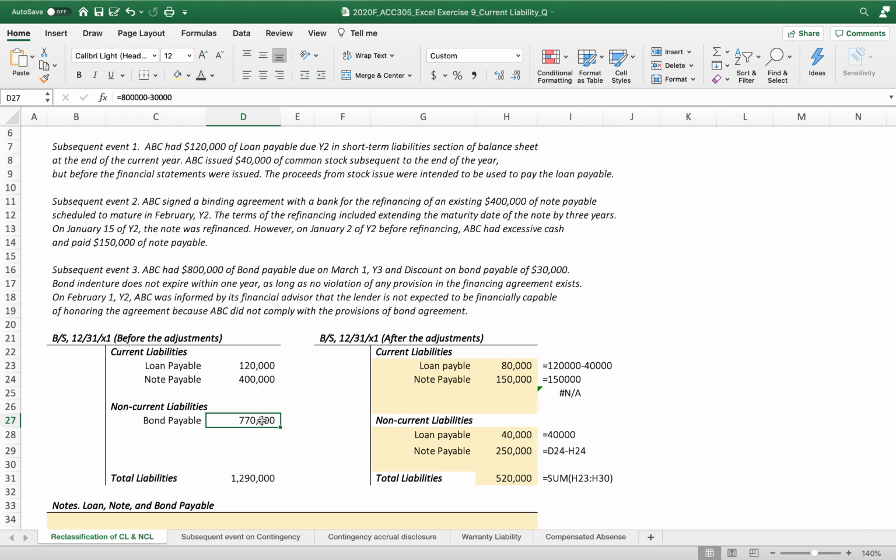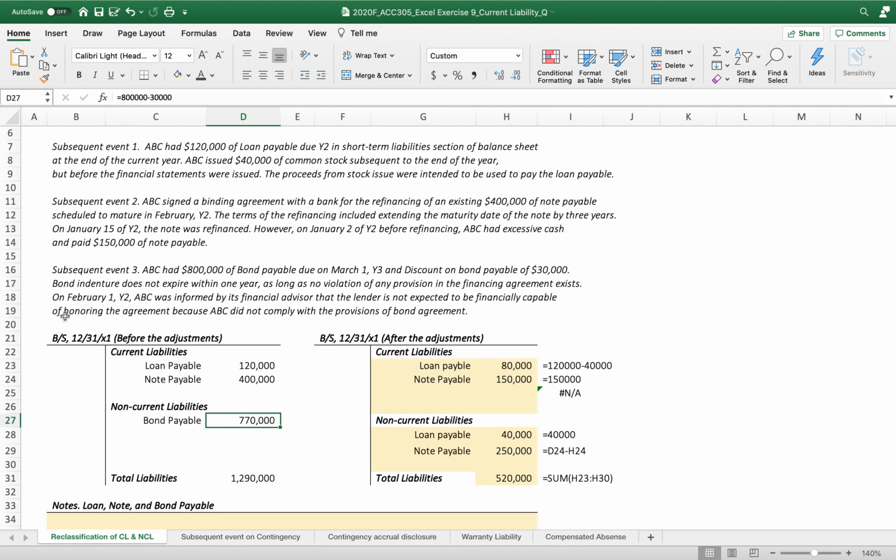On February 1st, year 2, ABC was informed by its financial advisor that the lender is not expected to be financially capable of honoring the agreement. The bond indenture does not expire within 1 year as long as no violation of any provision in the financing agreement exists.